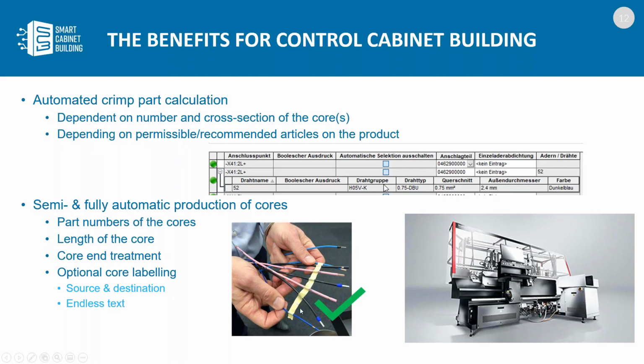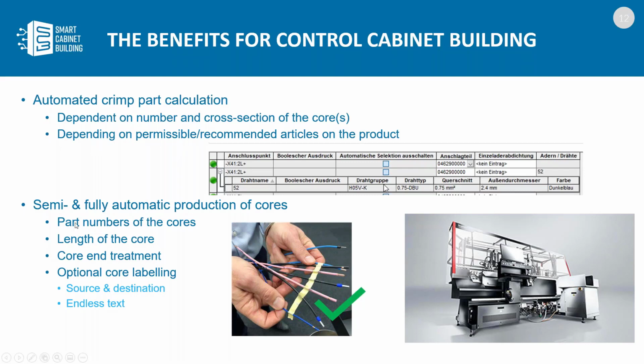But you can produce those sets of wires, with the length and the marking text on the ends, for example. And if you know the article number of the crimp part, then it can be done on such a machine. If not, you have a plan B.